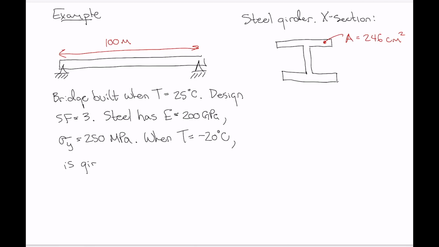The design safety factor was 3, so the girder would not be safe if the stress was large enough so that the safety factor fell below 3.